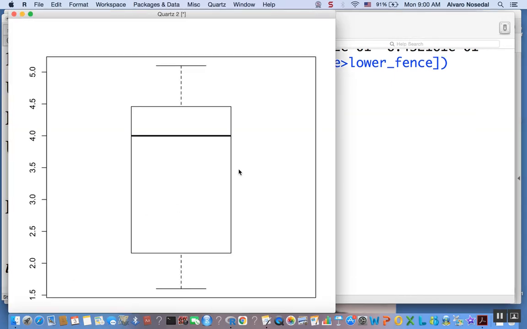And oh, well, we know that it should look roughly symmetric, and clearly it is not symmetric, right? It seems to be skewed. So again, more evidence against the assumption that this variable eruptions is well approximated by a normal distribution.